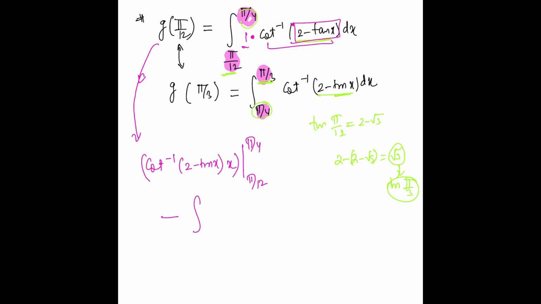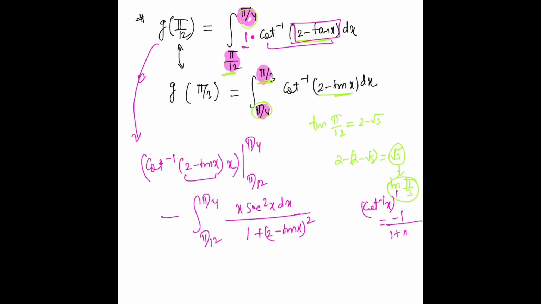So we have the integral from pi by 12 to pi by 4 of x secant square x over 1 plus (2 minus tan x) whole square. The minus comes because 2 minus tan x gives minus, and cot inverse x derivative is minus 1 by 1 plus x square. So minus minus plus, and this minus is because of the integration by parts. So effectively we have a minus sign only.